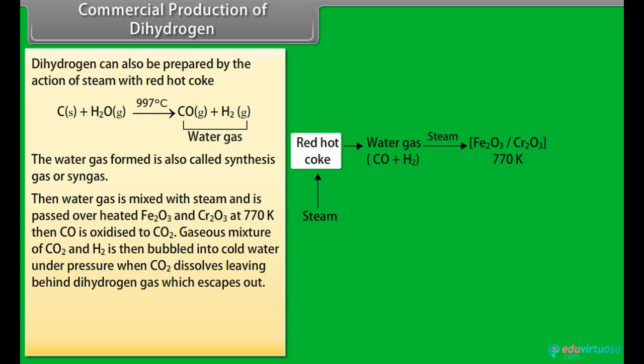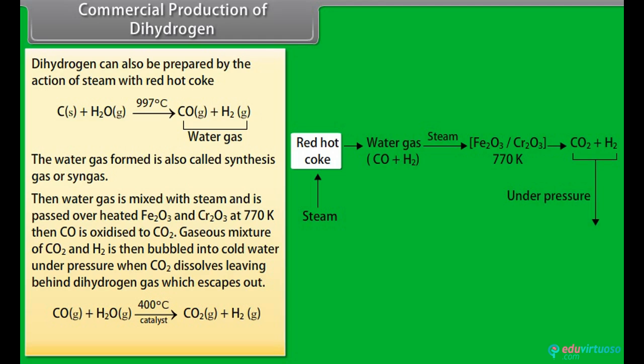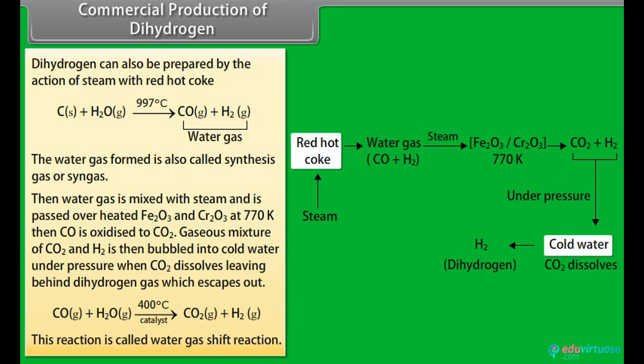Then CO is oxidized to CO2. The gaseous mixture of CO2 and H2 is then bubbled into cold water under pressure when CO2 dissolves, leaving behind dihydrogen gas which escapes out. This reaction is called the water-gas shift reaction.